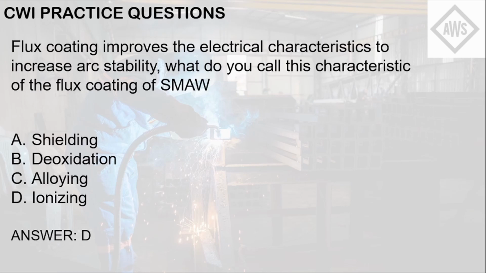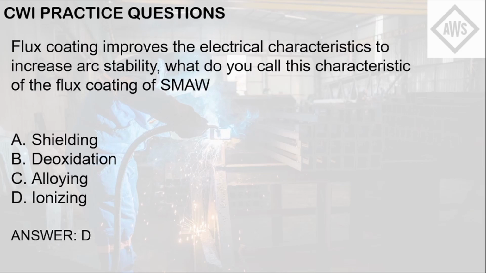So as I've mentioned in the previous question, shielding is the property of SMAW wherein it prevents harmful gases from entering the molten pool of metal, from contaminating the weld, and causing embrittlement. Deoxidation removes impurities from the molten pool of metal. Alloying, as I've mentioned earlier, adds the elements that will improve the characteristics of the molten pool of metal, thus improving its mechanical properties.